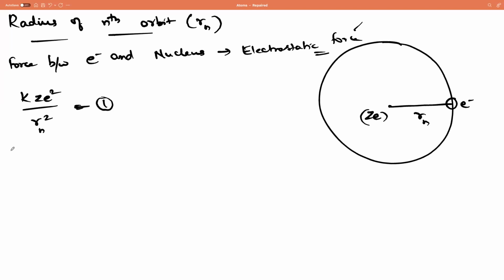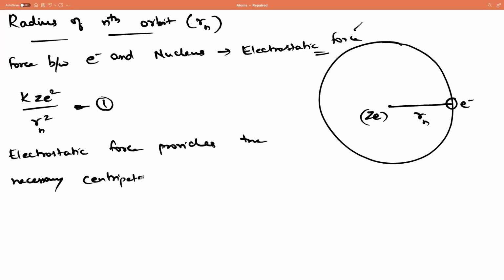But here what I'm saying is the electrostatic force provides the necessary force. For any object to be in a circular path, what is the necessary force called? Centripetal. Yes, it provides the necessary centripetal force.